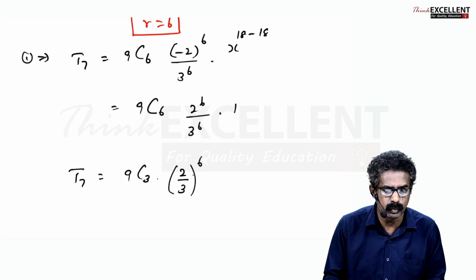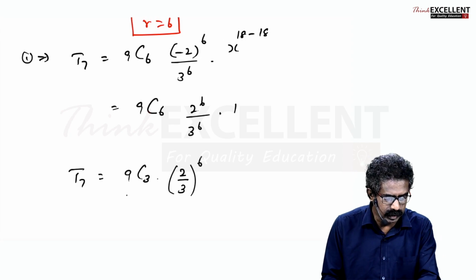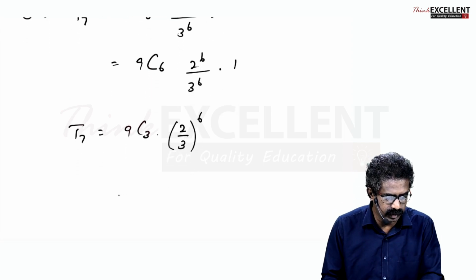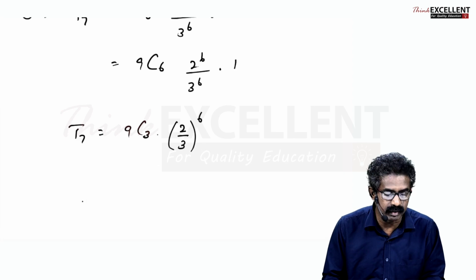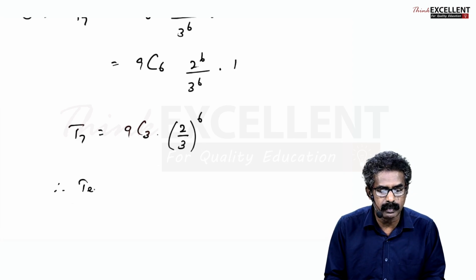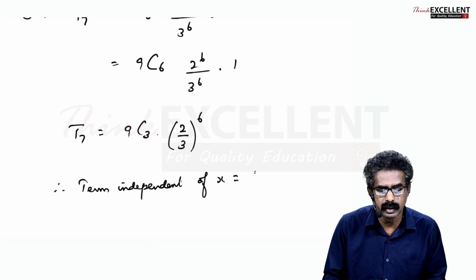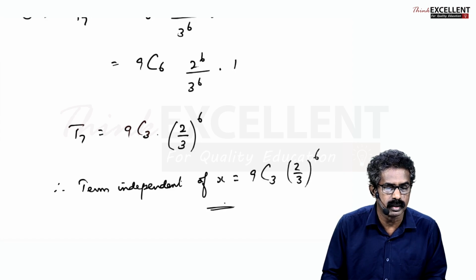You can leave it like this into 1, and this is the constant term, right? So therefore the term independent of x is equal to 9C3 into 2 by 3 raised to 6. Okay, so hope you understood this.